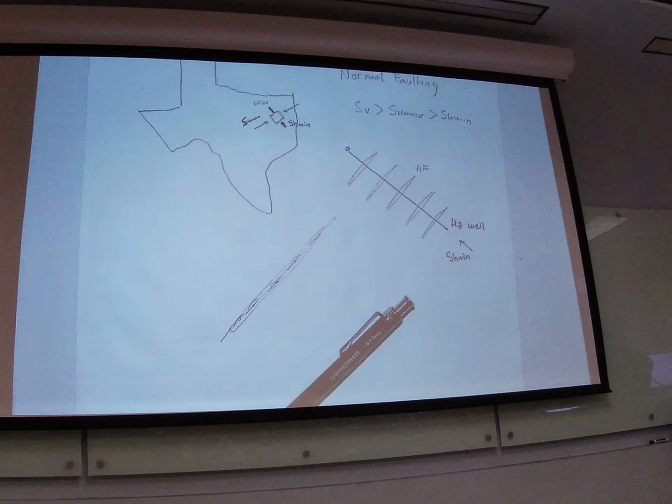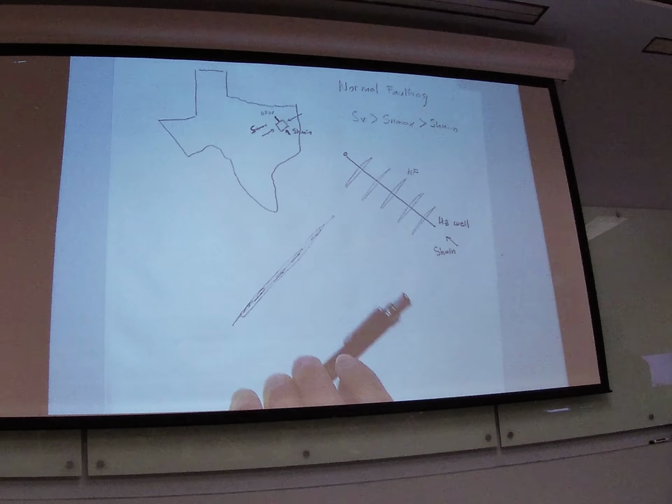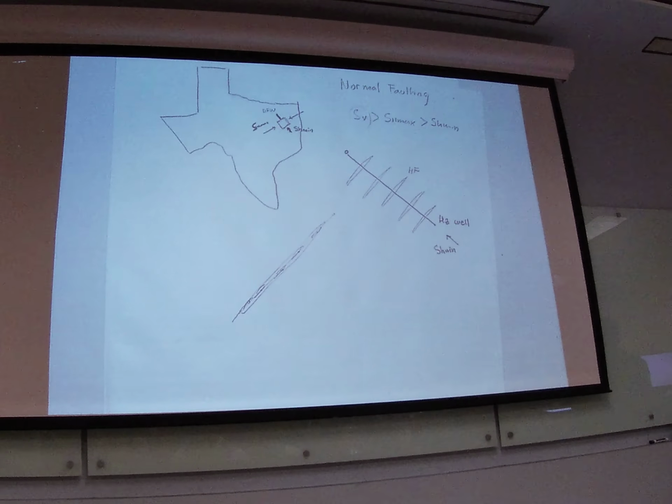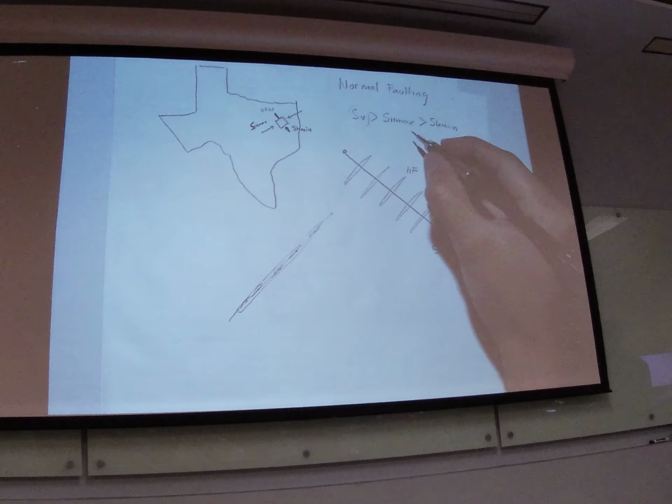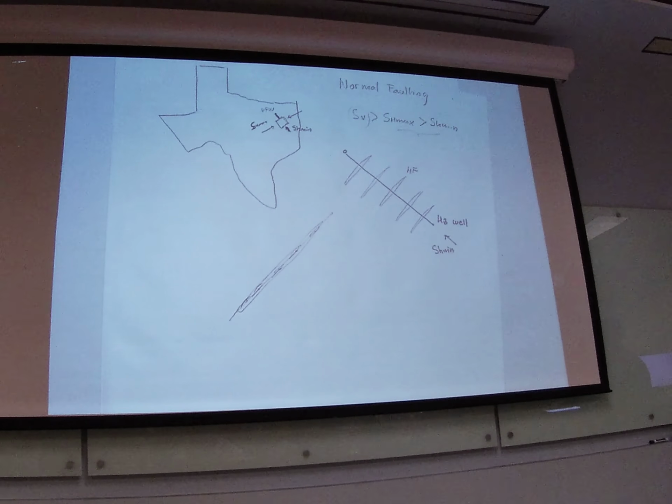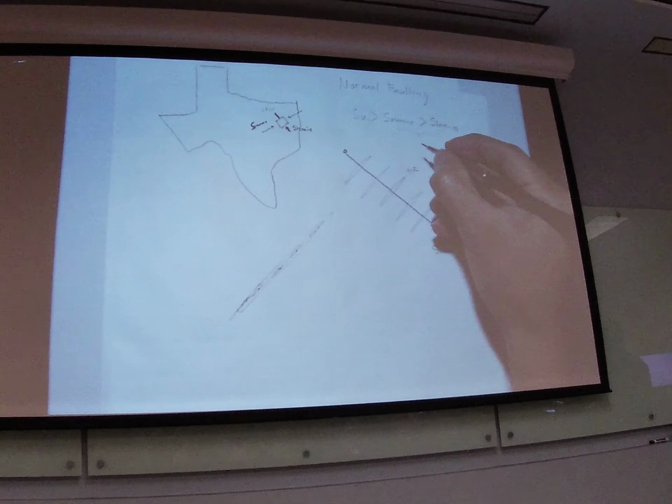We talked about calculation of vertical stress, and this is what we're going to see today in the homework. But how would you go about measuring or calculating the horizontal stress?